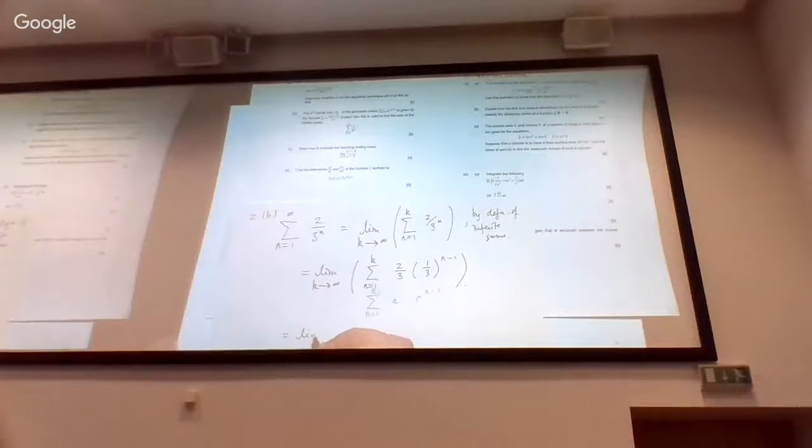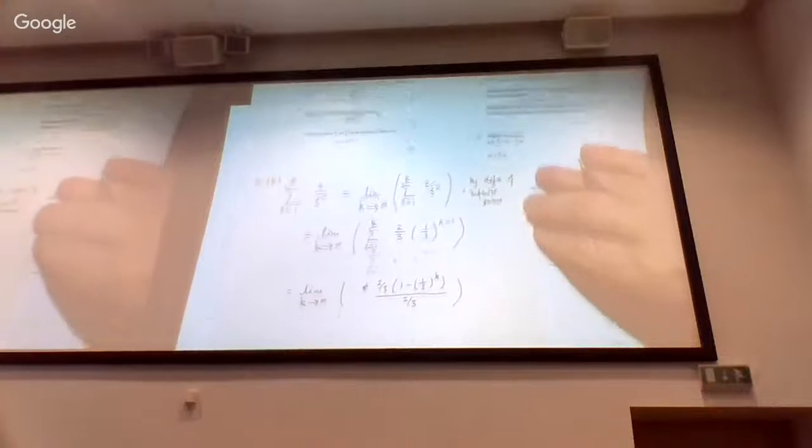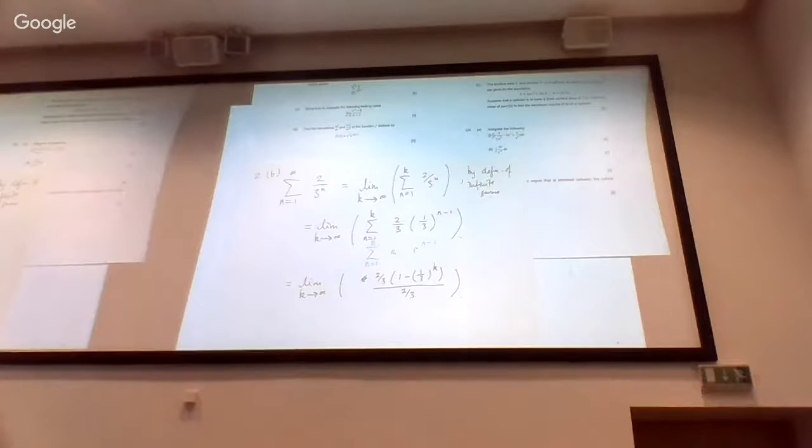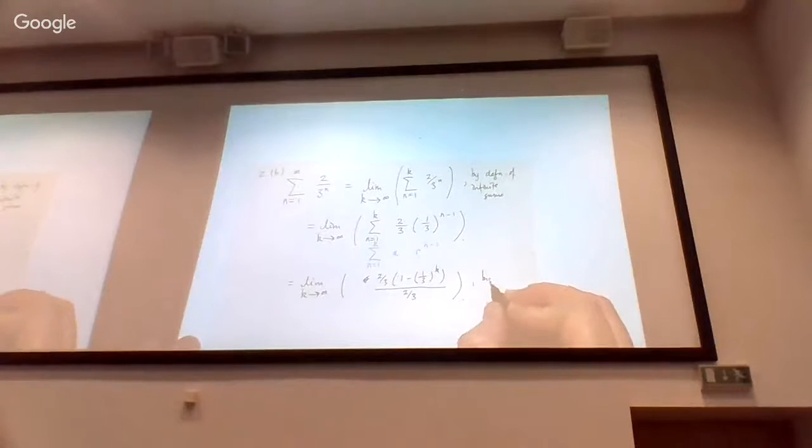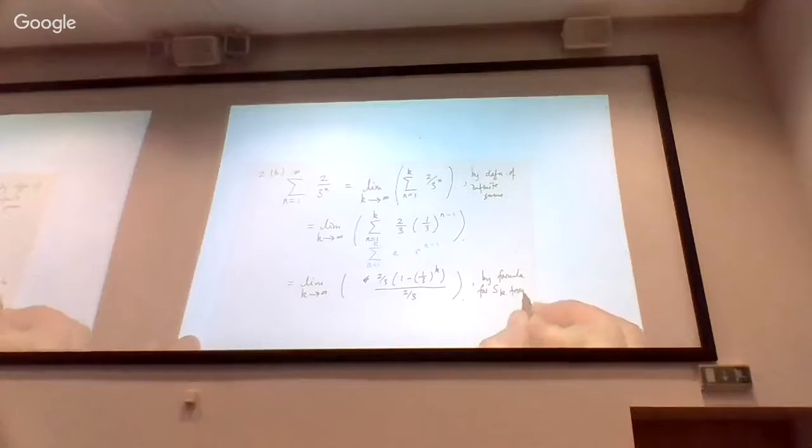So now I can apply the actual formula given for the partial sum, which is a times 1 minus r to the k, so 2/3 times 1 minus (1/3)^k, divided by 1 minus r, so divided by 2/3. Yeah, that makes sense. So that's by the formula for s_k in the question.